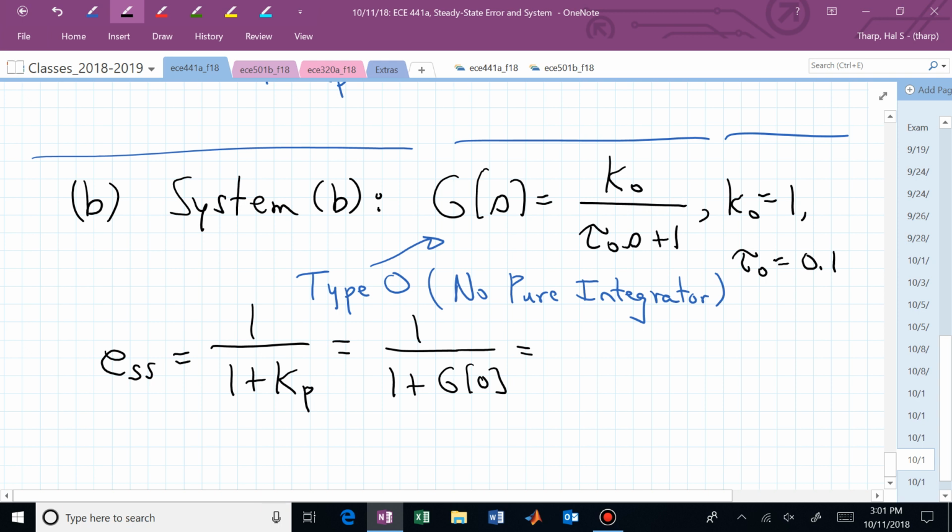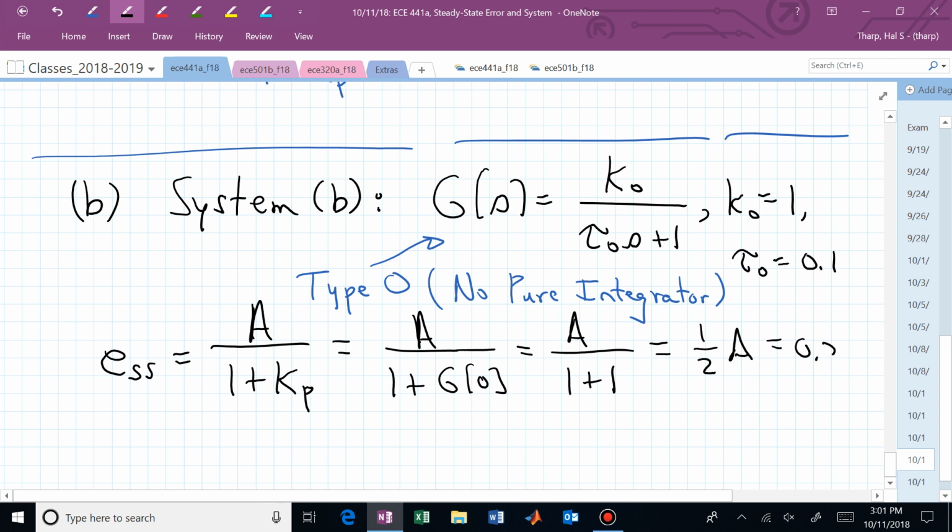In this case, if I put in a constant of a, then I have an a here if I'm comparing apples to apples. Now I have a over 1 plus 1, and this becomes 1/2 a.